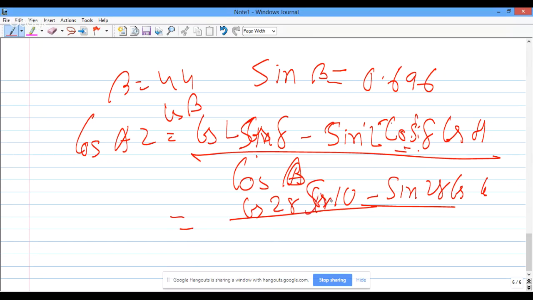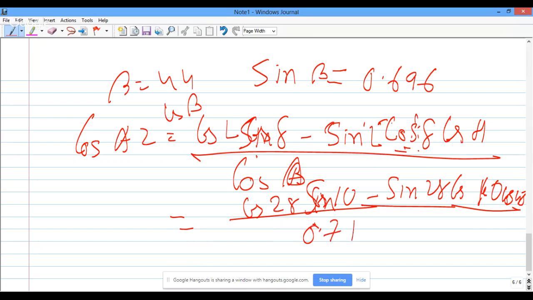So sine 10 degree and sine 28 and cos 10 into hour angle, which was cos 45, divided by cos beta, which is 0.71.